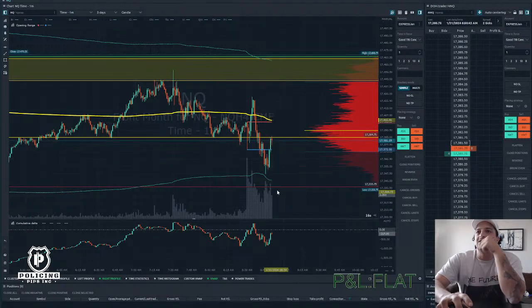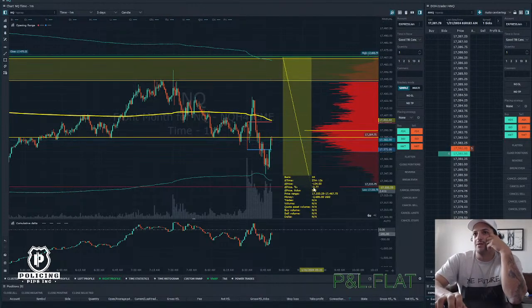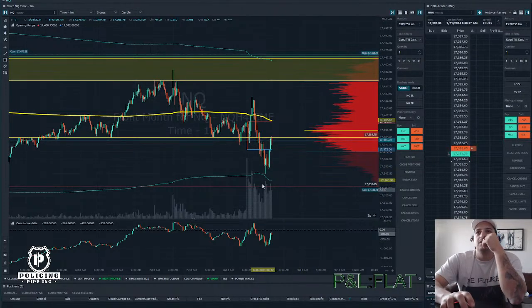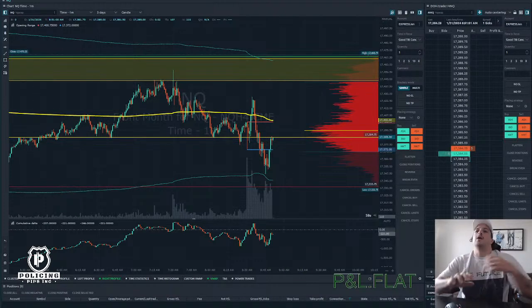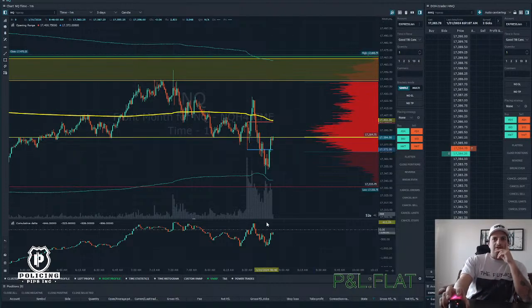So we just have this level to be mindful of. It is dead center of the range from the overnight. And like I said, with a Fed day and how I traded yesterday, I'm not going to just play a level that's right in the middle of a range, dead center of the opening range, dead center of the overnight range. With the way my strategy works, I'm not able to make that kind of trade off of a level right here yet.